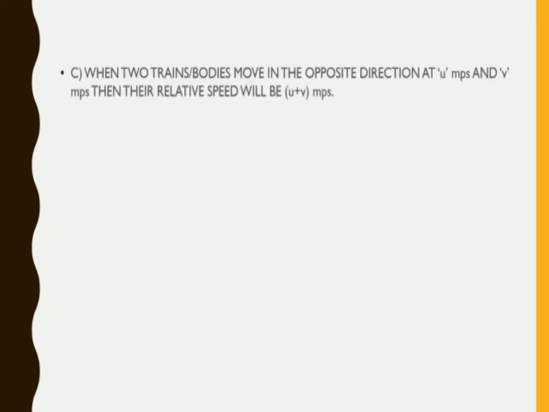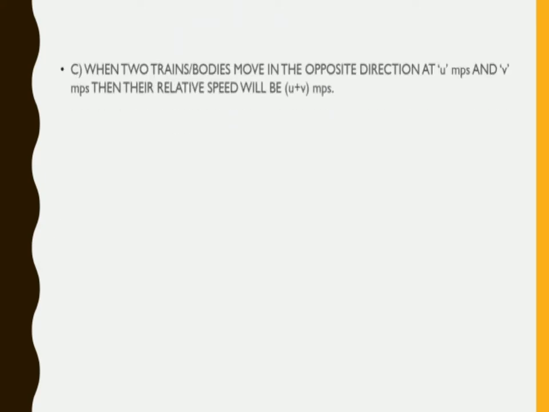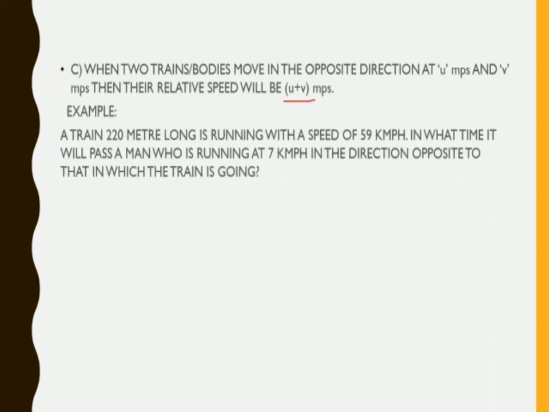Similarly, in the next subtopic, when two bodies are moving in opposite directions, the relative speed will be u plus v meters per second. Look at this example. Here we have to calculate the time taken by the train to cross a man who is running in the opposite direction to the train.